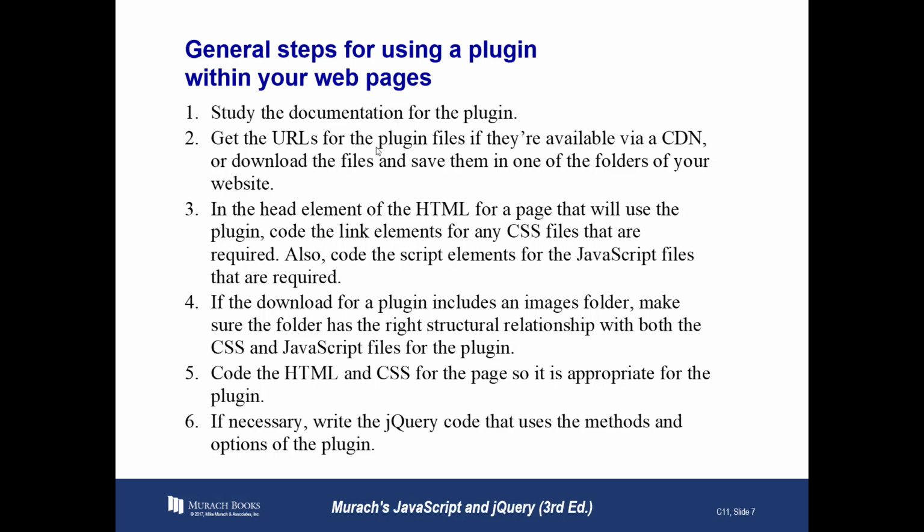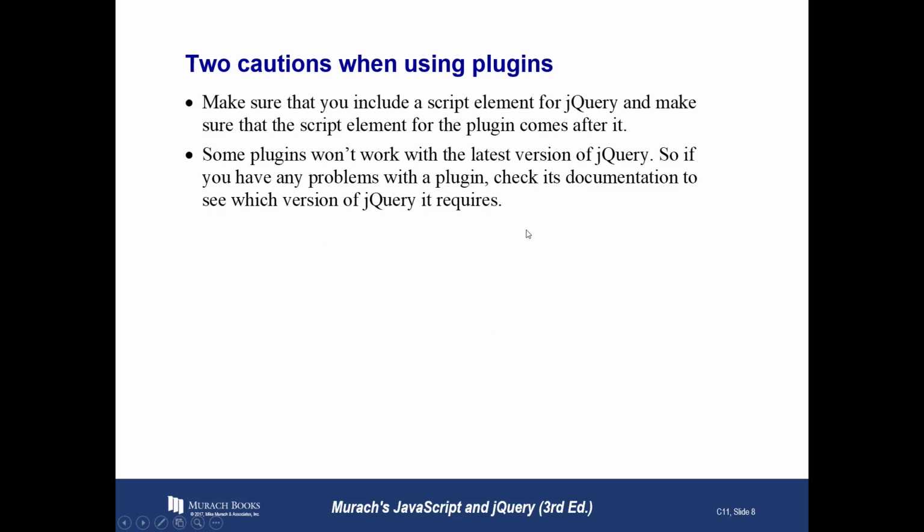Number five, code the HTML and CSS for the page so that it is appropriate, in other words, so that it'll use the plugin in the right way. Number six, if necessary, write any ancillary jQuery code that uses the methods and options of the plugin.